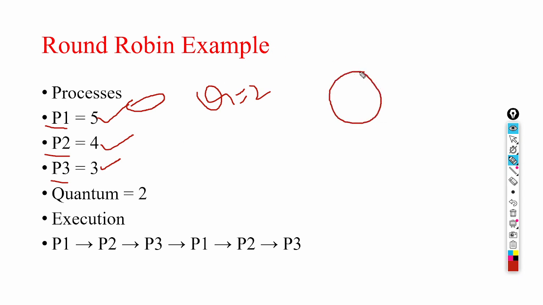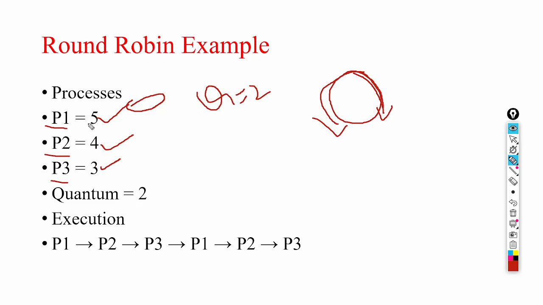Like this, there is a circular formation. If a process is not completed in 2 milliseconds, it goes back to the ready queue. Okay, so what is the execution process? The quantum is equal to 2.